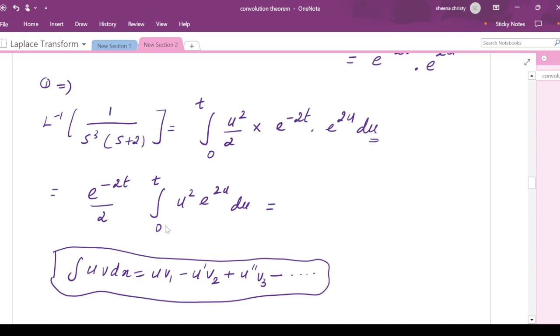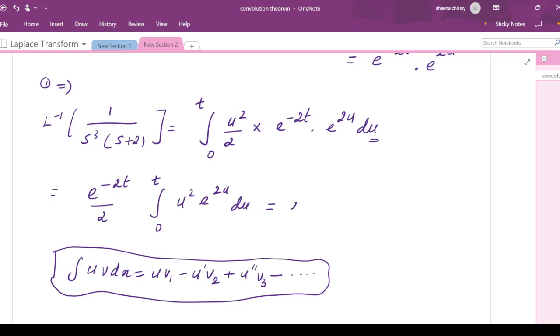So here we are going to take u as u square, the term which is going to be terminated while doing the differentiation, and integral of dv as e power 2u into du.